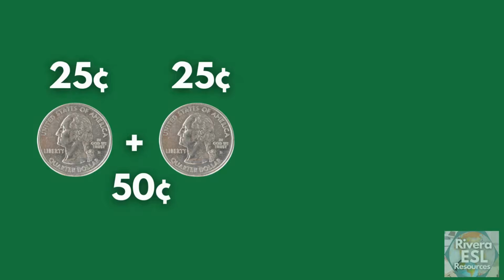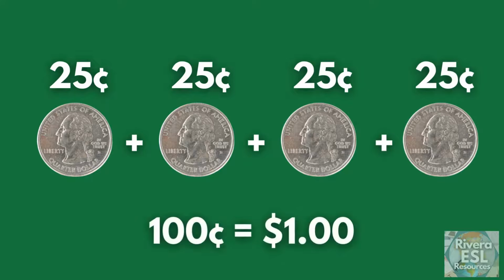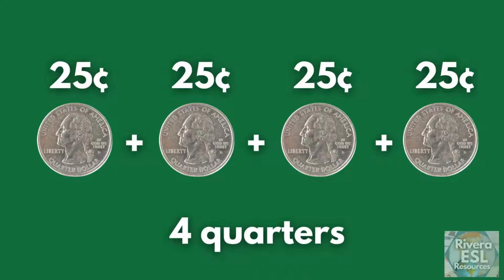Let's add them up. 25 plus 25 is 50, plus another 25 is 75 cents, plus another 25 equals 100 cents, or $1. So 4 quarters equals $1.